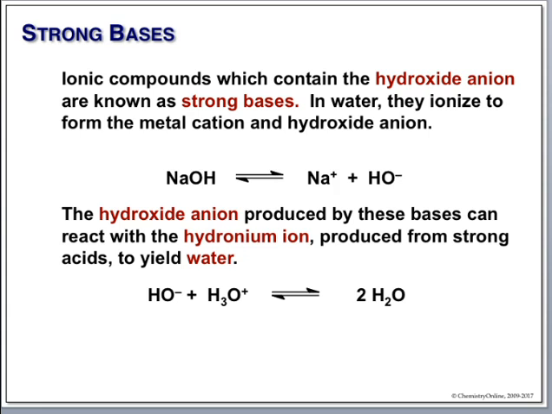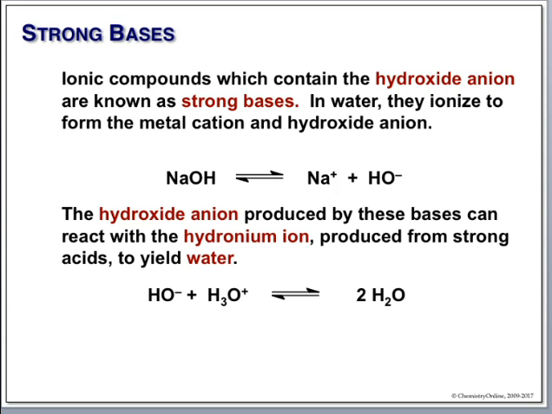Once again, whenever we say acid, we think of hydronium. That's what makes it an acid. When we think of a base, we think of hydroxide. Now, what happens if a hydroxide just happens to be floating around and finds a hydronium?